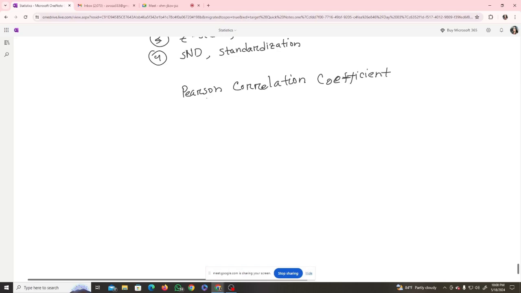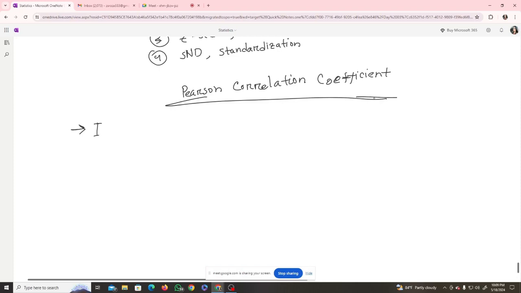All right. So just as I said, the problem that we were facing was that we weren't able to get the magnitude between two variables. So what is Pearson correlation coefficient all about? It is the measurement of the strength and the direction and the relation between two or more variables.